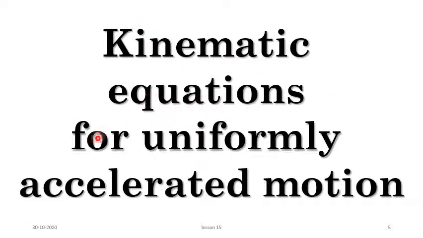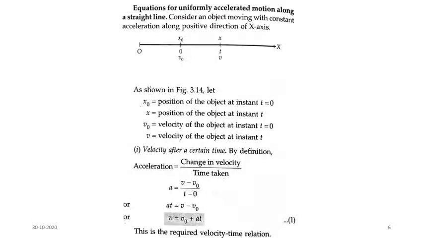Kinematic equations for uniformly accelerated motion. Now in this topic, I will derive 3 equations. Those 3 equations are very important. Fine. So let us derive our first equation, that is the velocity after a certain time. But before that, let's give an introduction. Equations for uniformly accelerated motion along a straight line.